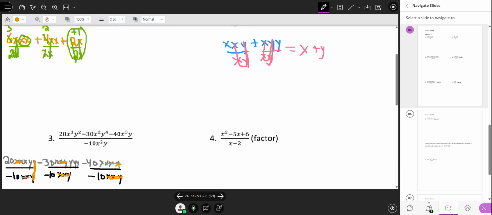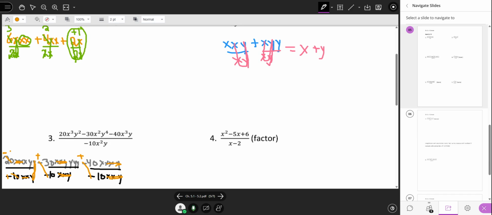So, negative divided by negative is positive. Same. Got to keep the minus.